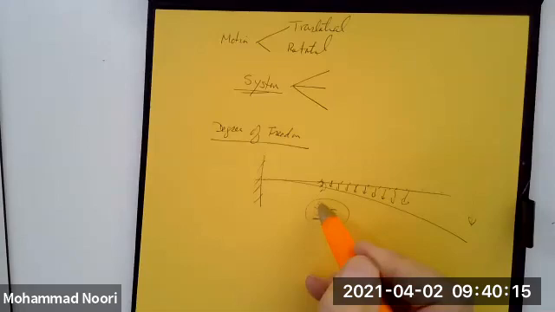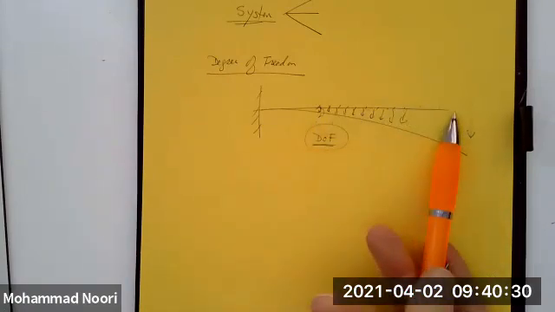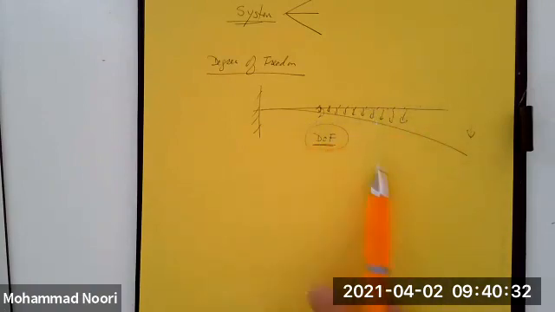It is a quantity that describes how each piece of the structure moves. In other words, if you have a structure, even a simple beam, it has an infinite number of degrees of freedom because you have an infinite number of these masses that move, each of them in a different direction.